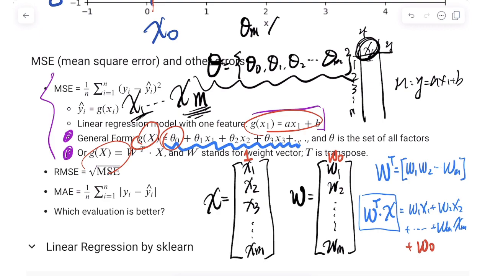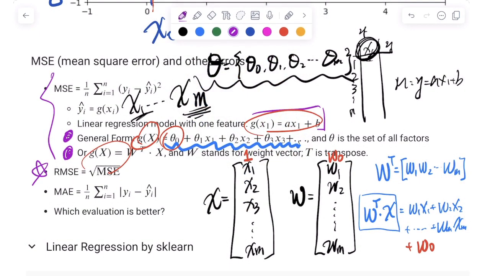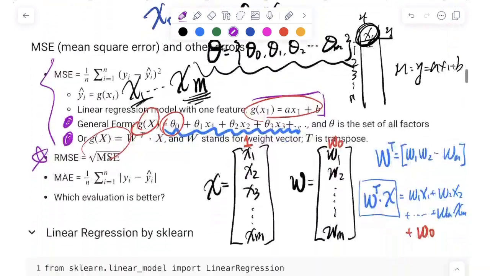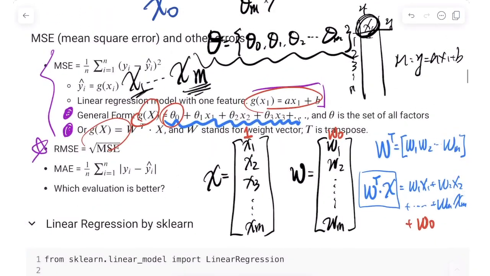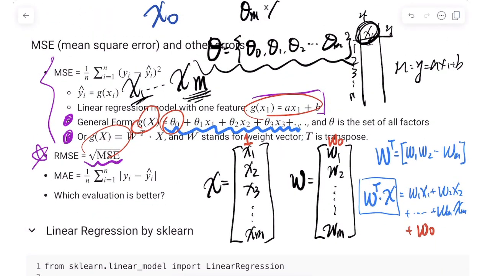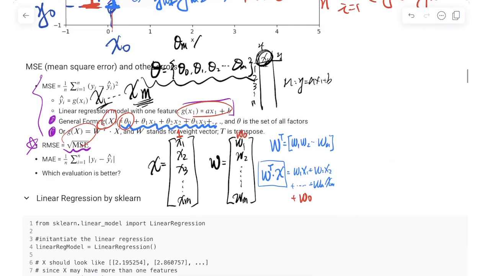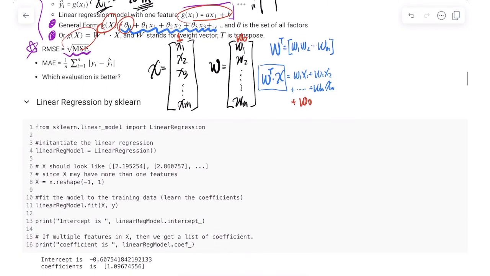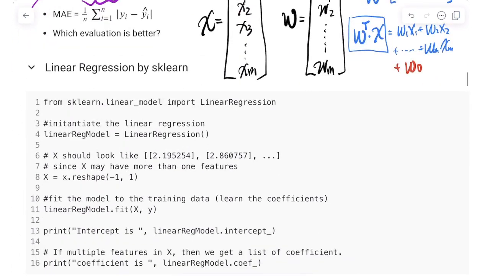The next thing is here. Because the MSE is a little bit big because it has a square, sometimes we have RMSE, which means the square root of the MSE. It's just a definition. After we introduce all the concepts, you have to try it by yourself.